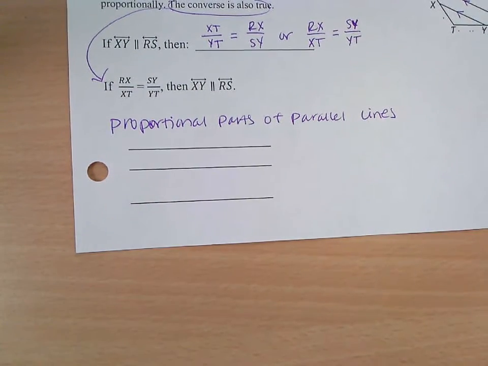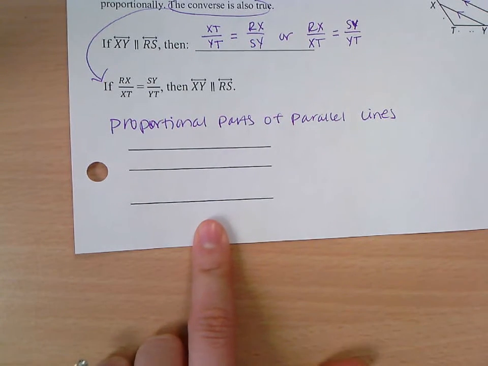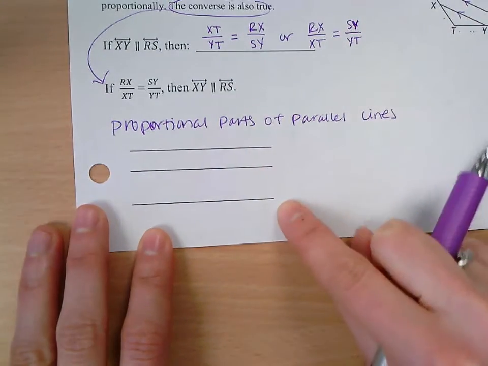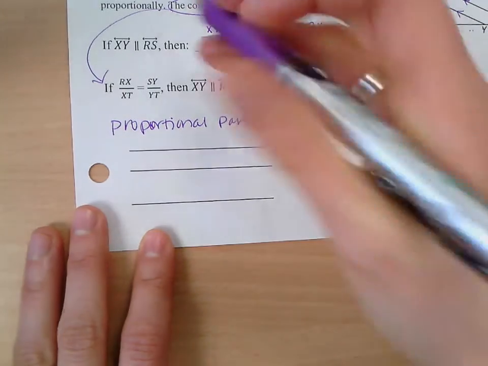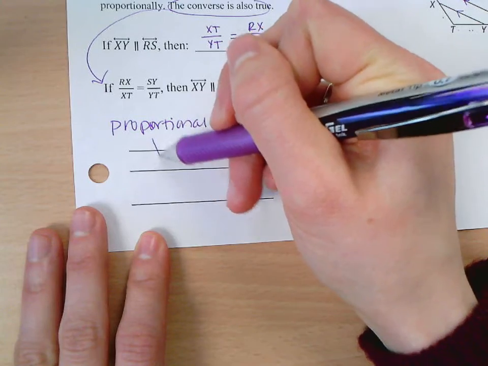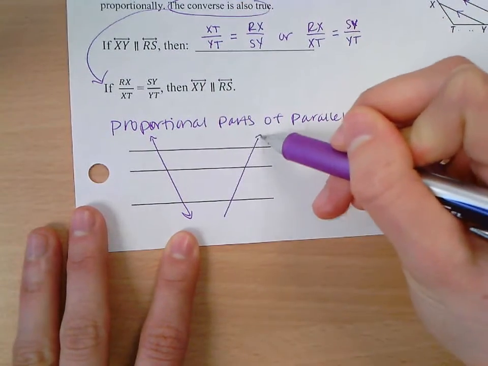Okay, so this actually comes from the triangle proportionality theorem, why this is true, and I'll explain that. But if you have 3 or more parallel lines, and you have 2 transversals cutting through them. So say I have one transversal here, another transversal over here.